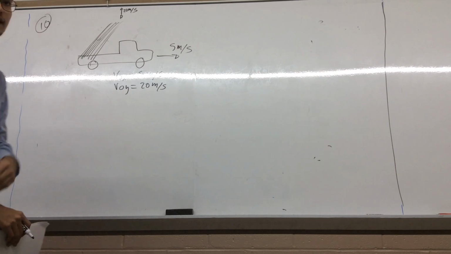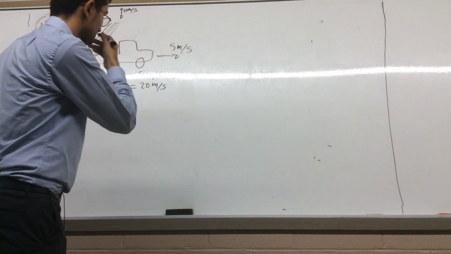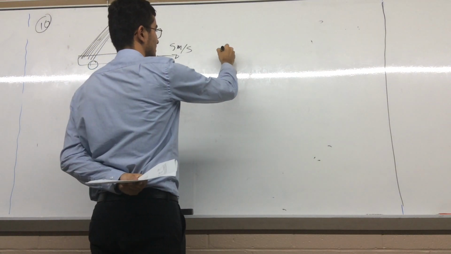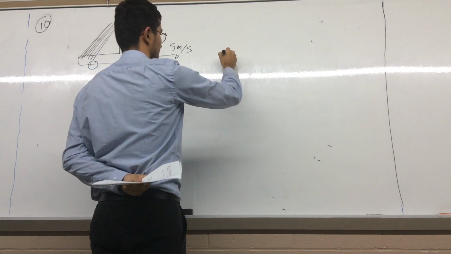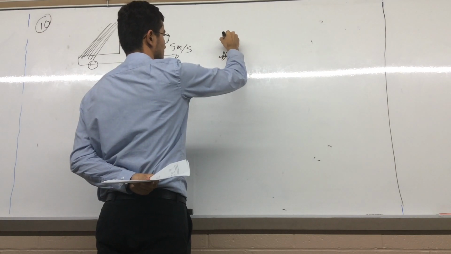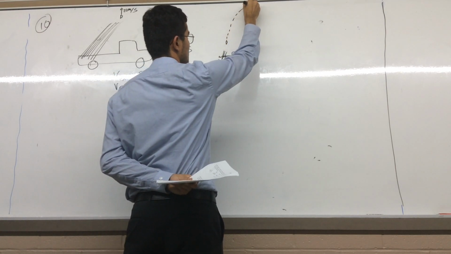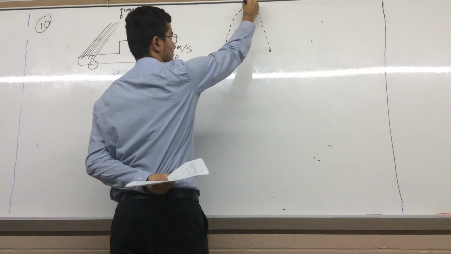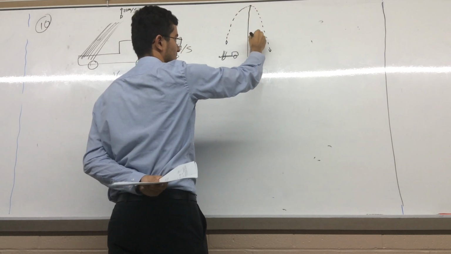So we're asked to find the maximum height. We have to account for some things here, so let's make a miniature drawing of the car. The shell goes like this, and at some point, that's the maximum height, and then it's going to come back down. So we want to find delta y.